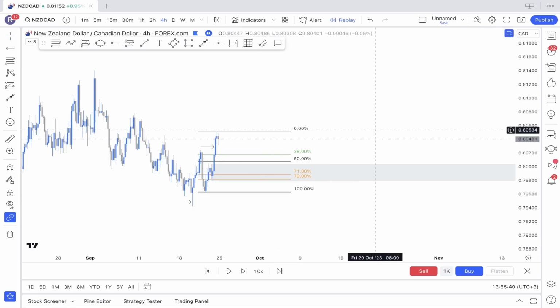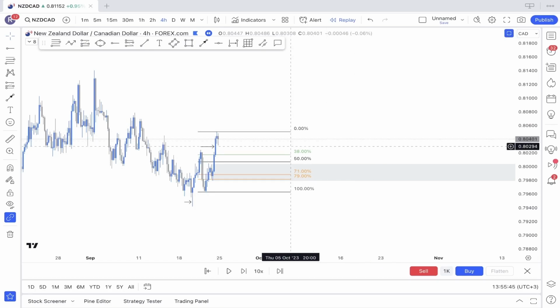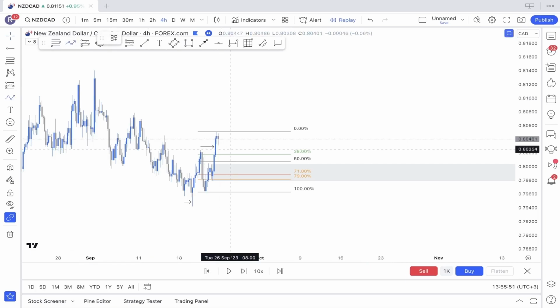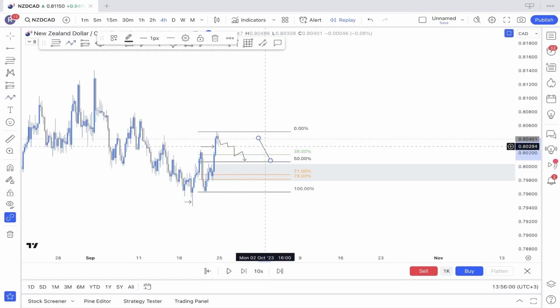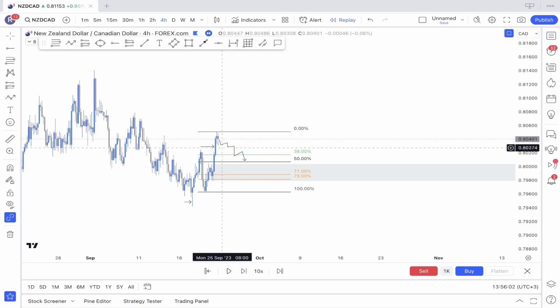What do I mean by that? If I get a very aggressive pullback towards my buy limit area, I am not going to take the trade. I want to see a corrective pullback. By corrective, I mean something like this, okay? Not something like this. If I see something like this, I'm not going to place my buy limit, all right?